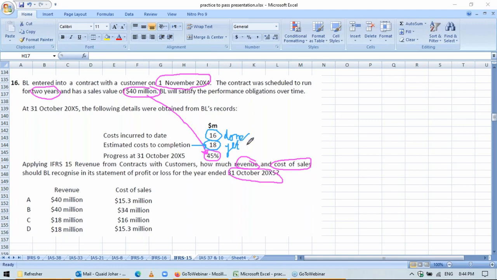This is the estimated cost of completion. So the total cost is 34, the sum of these two. And profit is expected: if you compare this 34 with the 40 million revenue, 6 million profit is expected.